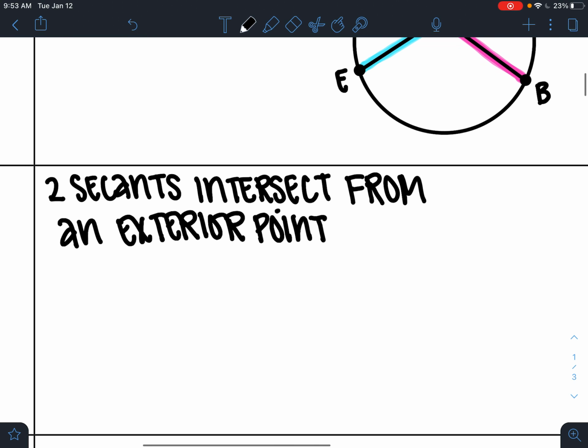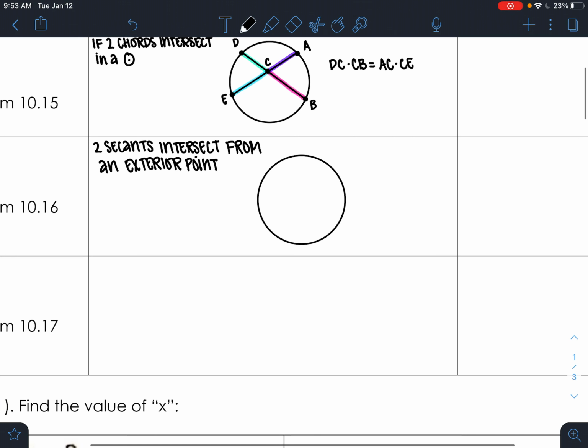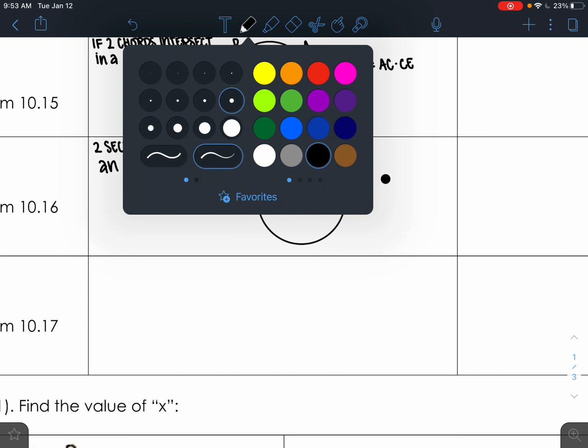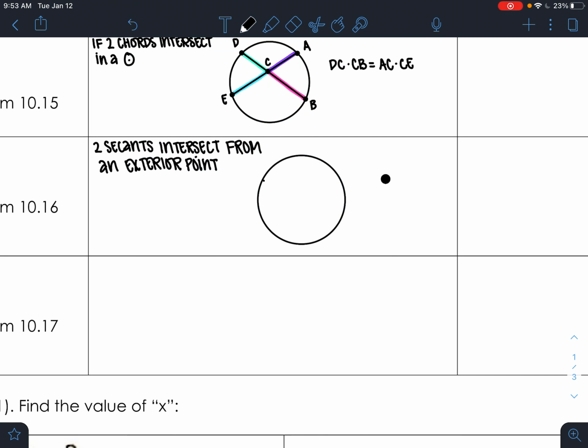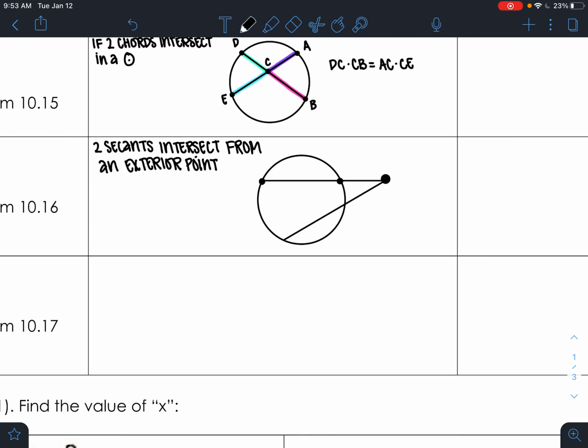Again, we're going to draw the picture and then write the formula. Let's start with our circle. This time we have an intersection point on the outside, and two secants coming from that point. We have this one, and then this one coming out here. Then we mark each of those intersection points and label them.